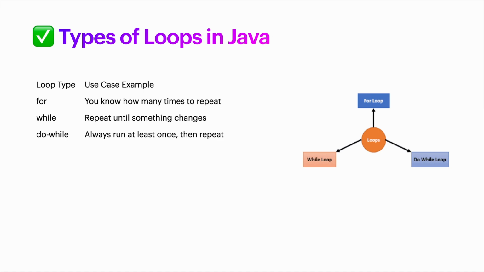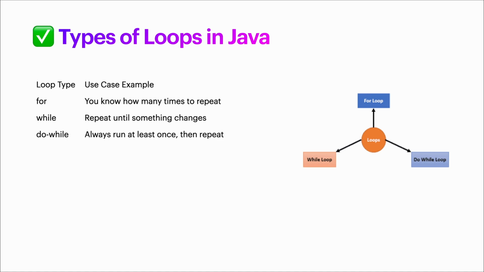The for loop, at the top of the image, is used when you know how many times to repeat. Since we wanted to write hello world to the console 5 times, we could use the for loop and stop at the end of 5 times.